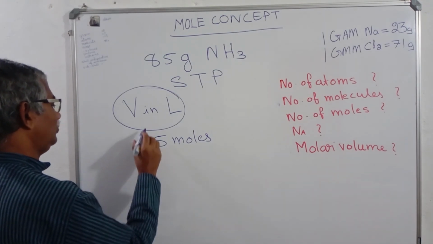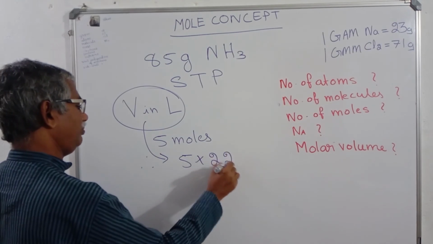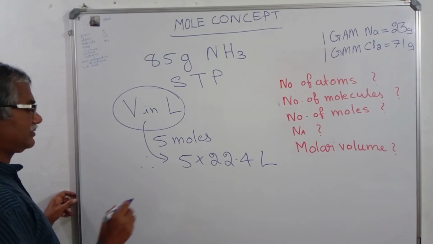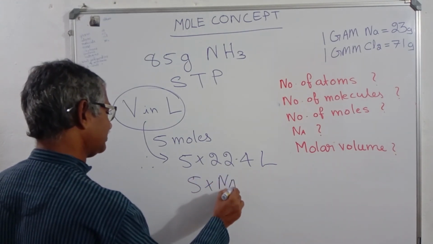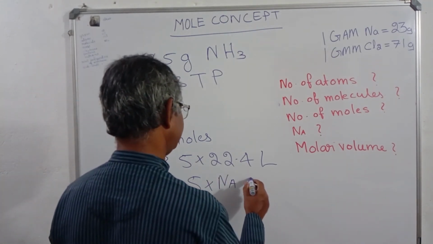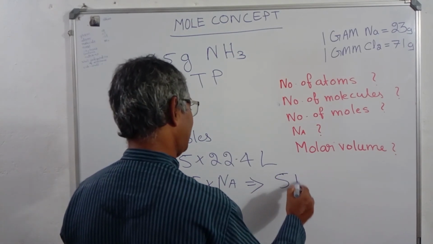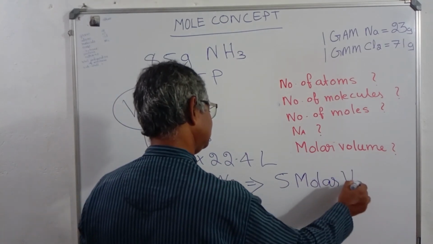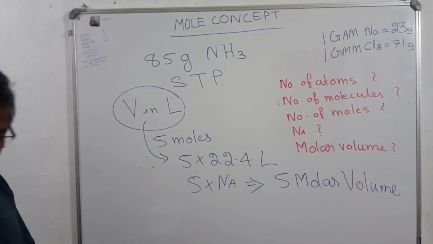Therefore, volume 5 into 22.4 liters. Or in other words, 5 into Avogadro number. Therefore, volume will be 5 molar volume. I hope you can simply understand it.